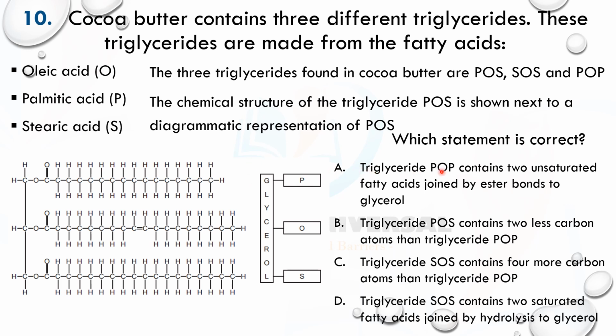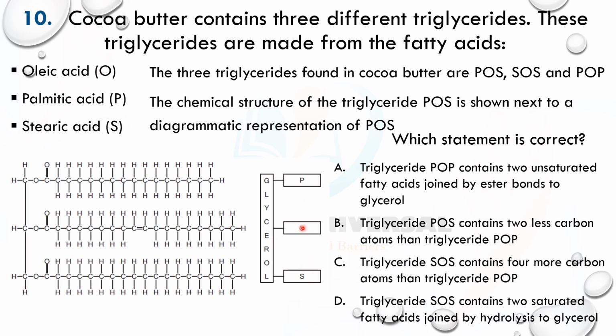A says triglyceride POP contains 2 unsaturated fatty acids joined by ester bonds to glycerol. Now this is POP, so it's going to have P instead of S. P is saturated, the same P is saturated. So POP means P is here, saturated.